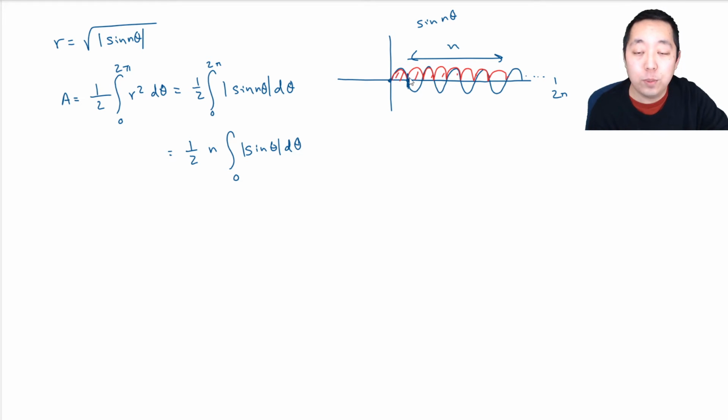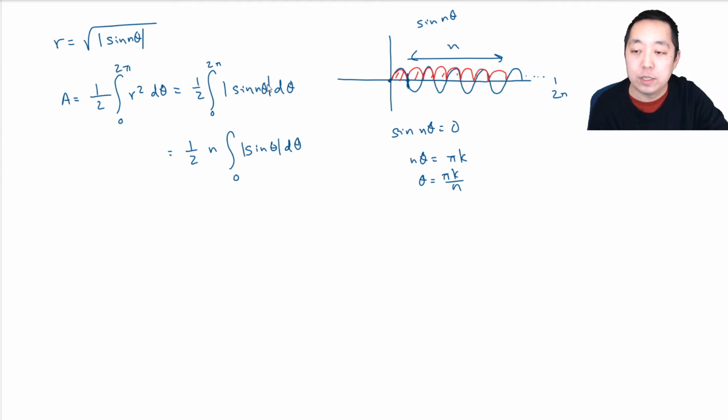This thing repeats every 2 pi, so to figure out what all these points are, I need to know when sine n theta is equal to 0. That's when n theta is some multiple of pi times k, so theta is equal to pi k over n.